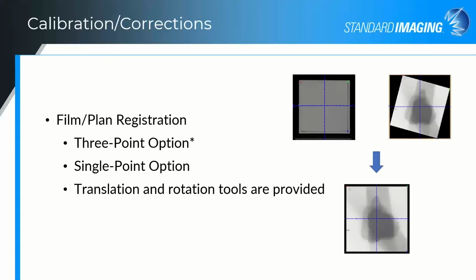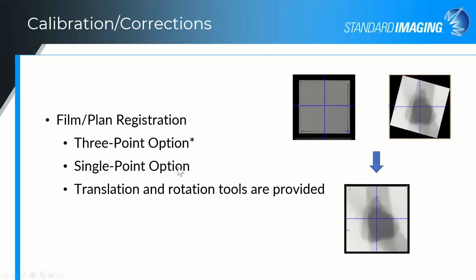In Ray, you import the CT, you can import the 3D DICOM dose or dose planes, and then based on the registration in the CT image, as you can see here, the red, green, and blue, then you can match that to points that the user places on the film, and then the registration occurs using this 3-point option.